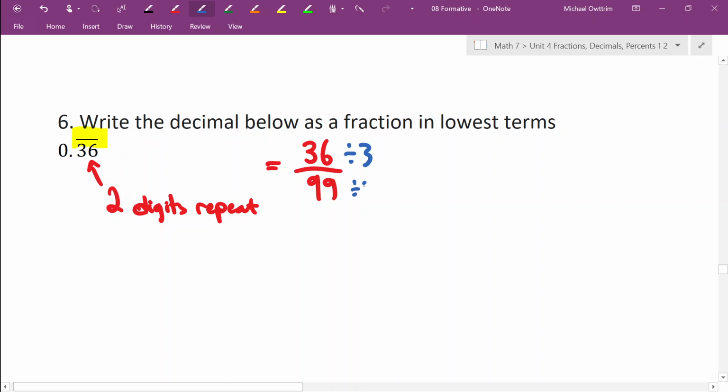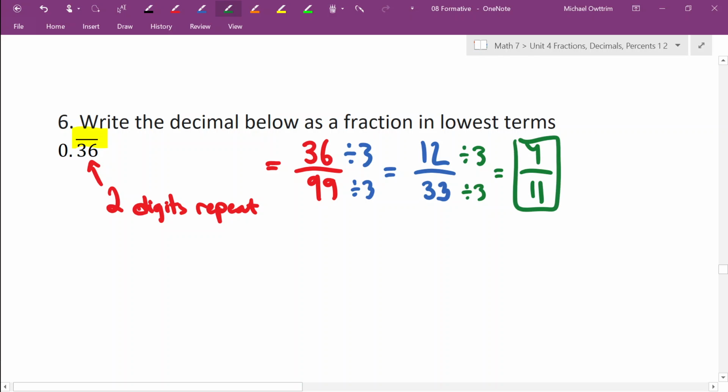So let's do that to simplify. 36 divided by 3 is 12, and 99 divided by 3 is 33. Again, don't be afraid to long divide that if you need to. Again, we're going to look for these to simplify again. Both of these still divide by 3, so we'll do that again, and that gives us 4 on top and 11 on the bottom. 11 is a prime number, so 4 is not going to divide by it, and that is our simplest form, 4 over 11.